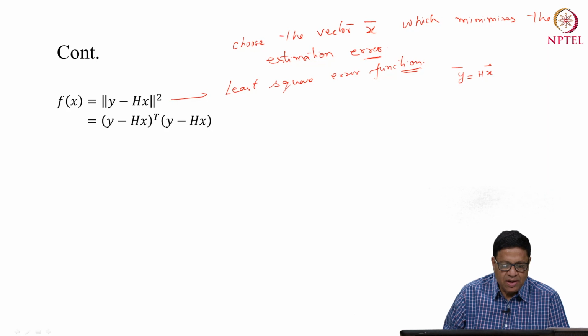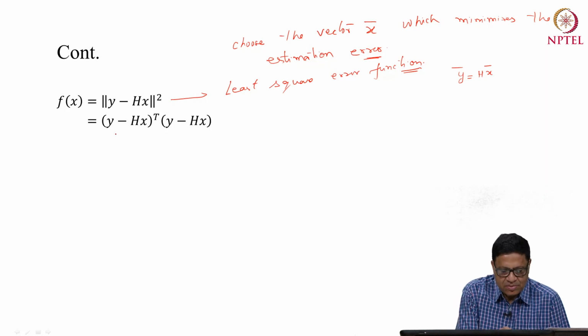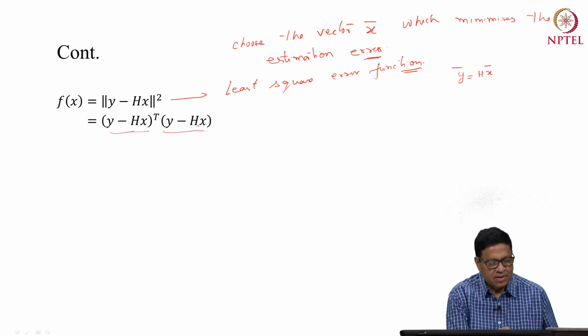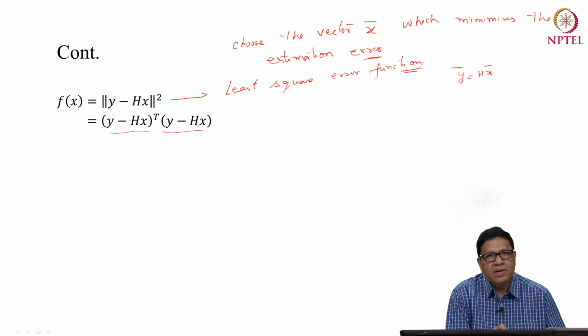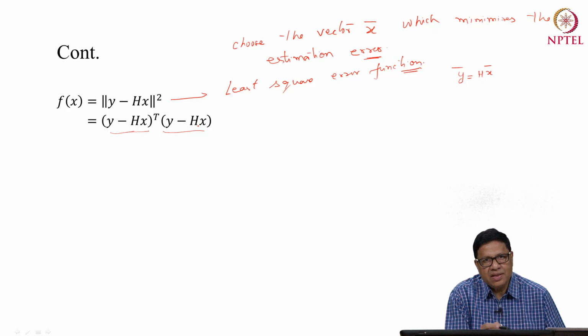So let us calculate the value of this f(x). y minus Hx mod square can be written as (y minus Hx) transpose into (y minus Hx). Right now I am assuming that H is not complex. If it is complex, then this transpose operator will be replaced by the Hermitian operator, so I will have to take the transpose and the conjugate.